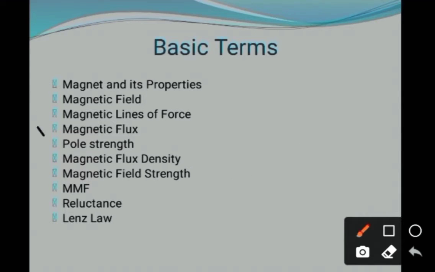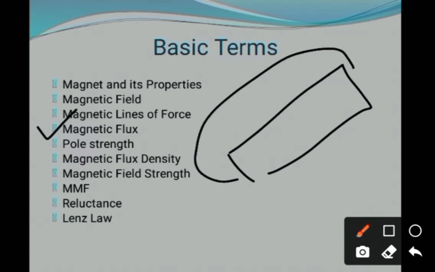Next term is magnetic flux. Magnetic flux is defined as a total number of lines of force present in a particular magnetic field. In previous term, we have seen that lines of force, that is, this is the magnet and this is the lines of force.